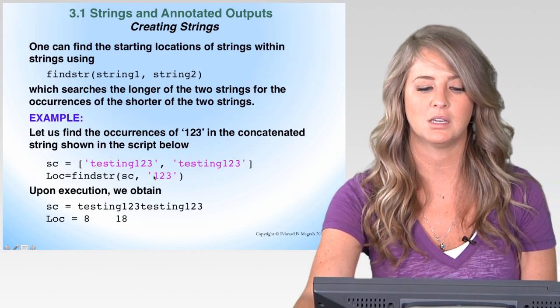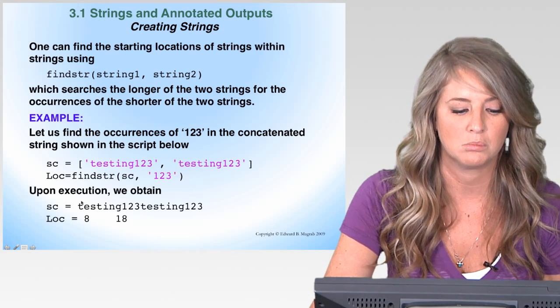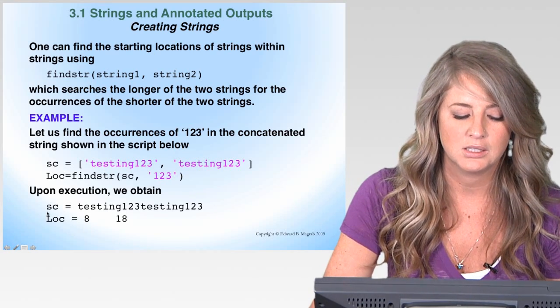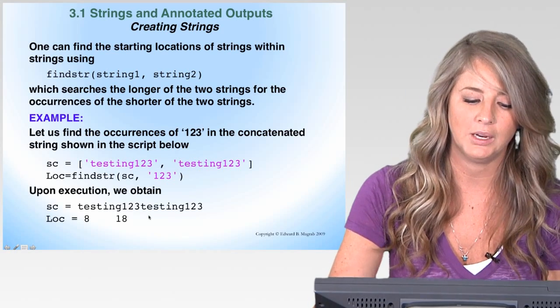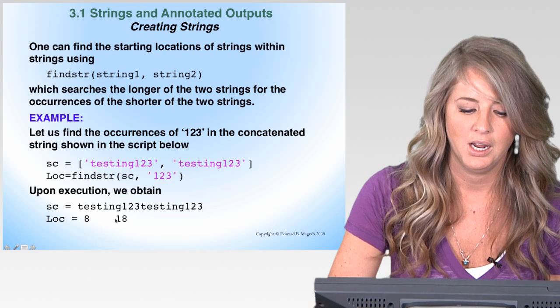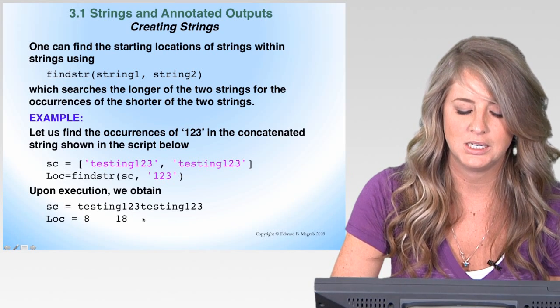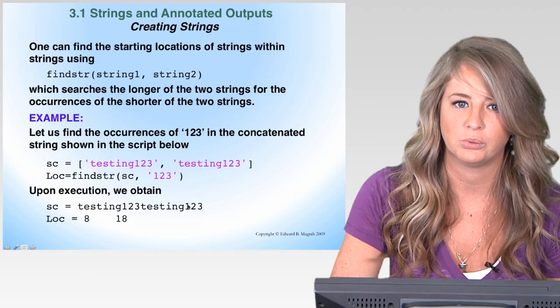So in this case, the 1, 2, 3, you do need to still use those single quotation marks. When you execute it, it's going to tell you that SC is equal to testing 1, 2, 3, testing 1, 2, 3, and it's telling you that starting at location 8 and starting at location 18 is where 1, 2, 3 and 1, 2, 3 begin.